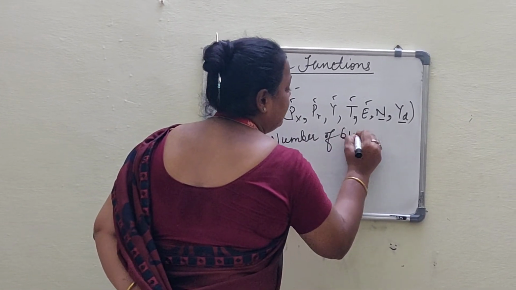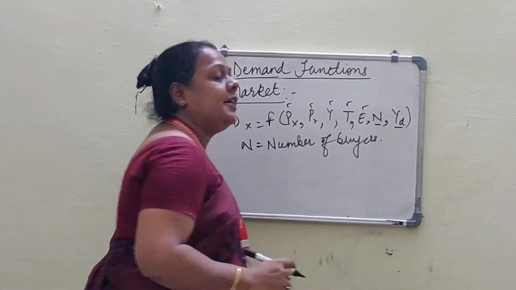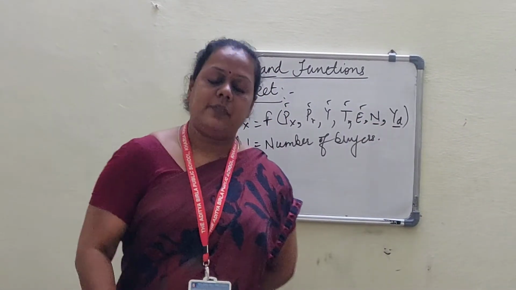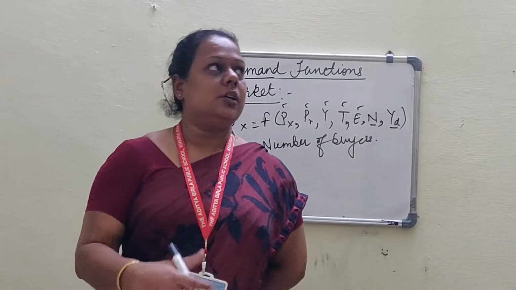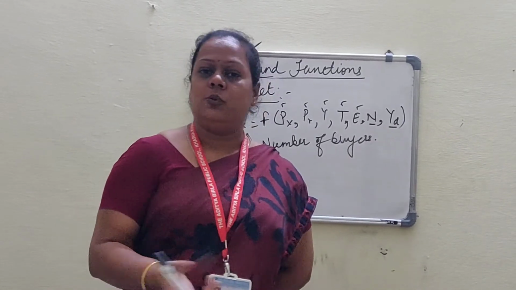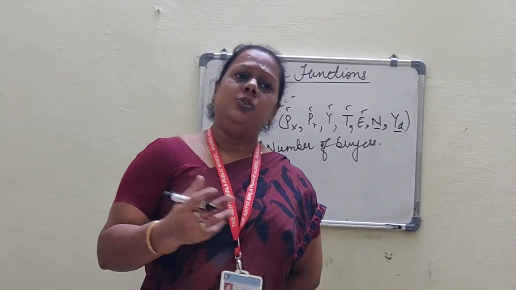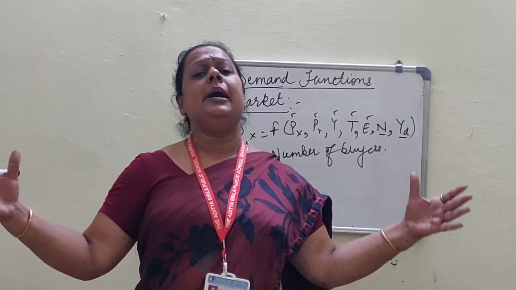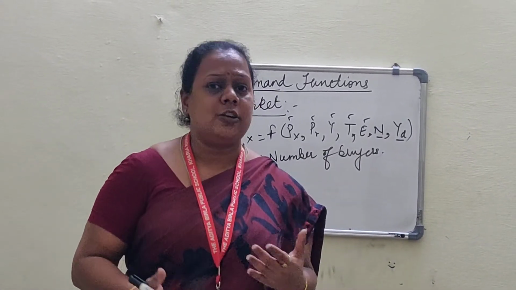When we talk about the number of buyers, that also makes a very important difference. I'll give you an example. If you talk about cars like BMW, Audi or Mercedes, you don't find a very high number of people buying these kinds of cars.